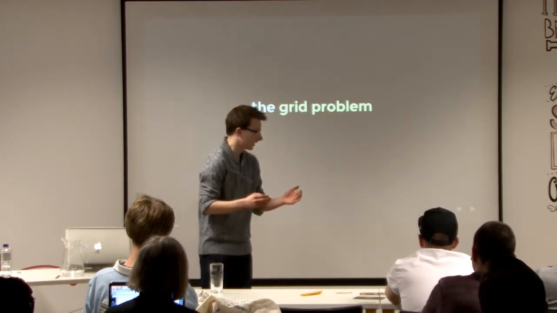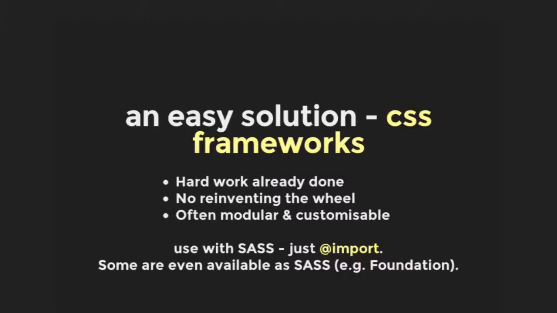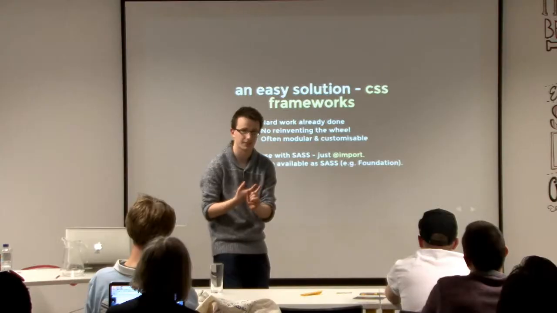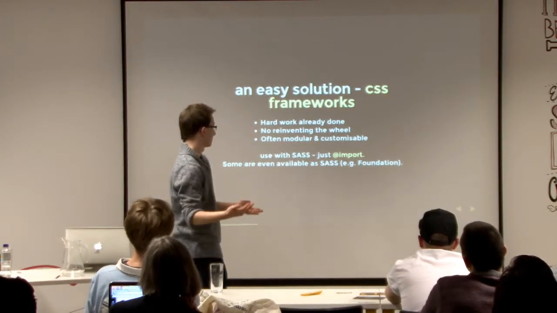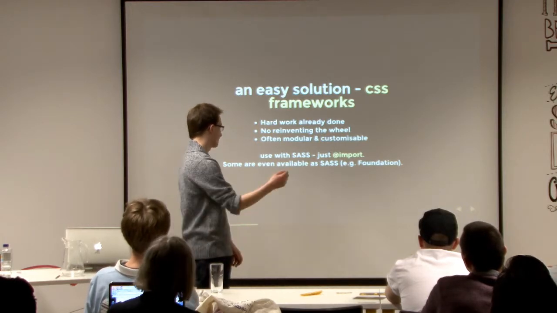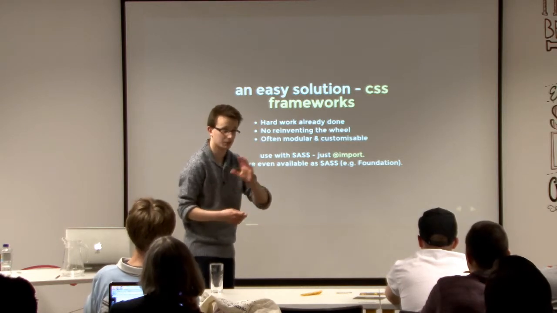Yes, so what you often end up with is using a CSS framework. That's great. All this work's been done already. I can use Twitter Bootstrap, I can use Inuit CSS, I can use Skeleton, I can use Zurb's Foundation. Great. Of course, you can already use it with Sass, just import it in. And some of them are starting to be released as Sass, which is great because you can customize them in the files.